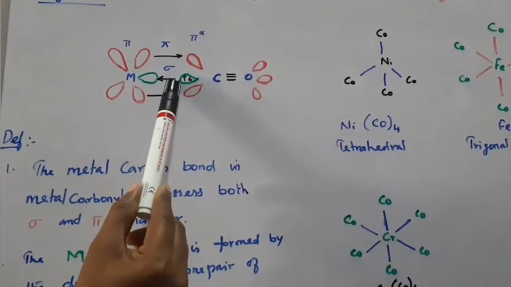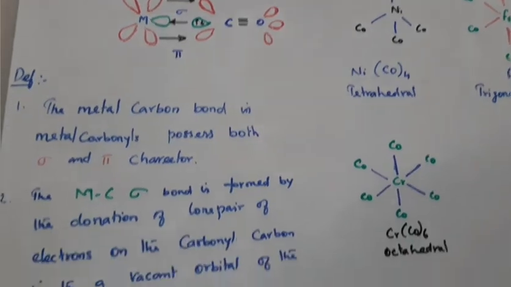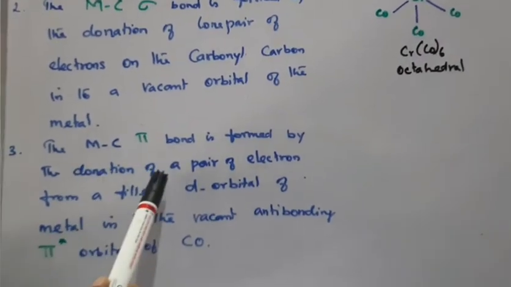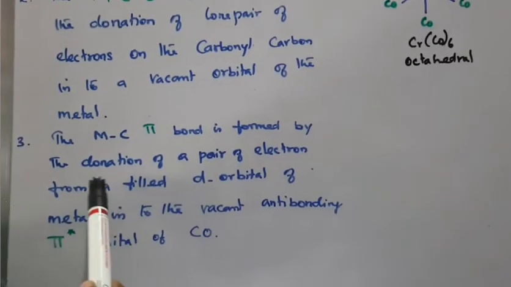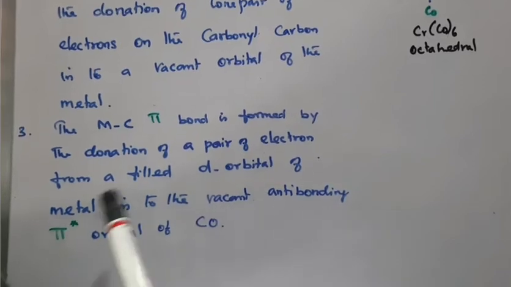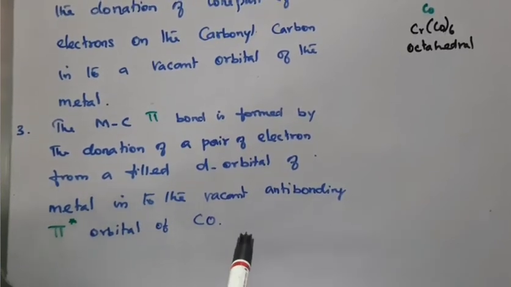The metal-carbon pi bond is formed by the donation of a pair of electrons from a filled d orbital of the metal into the vacant antibonding pi star orbital of carbon monoxide.